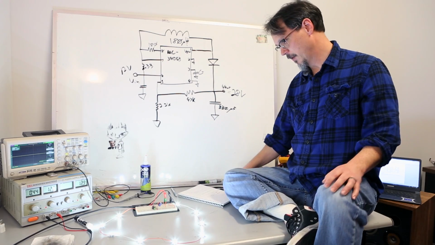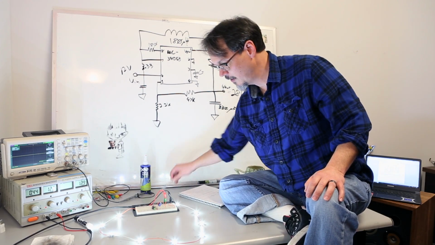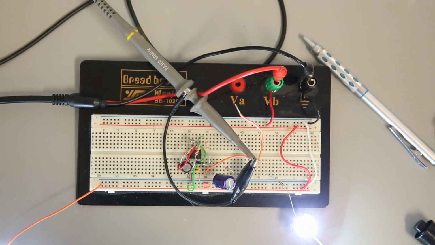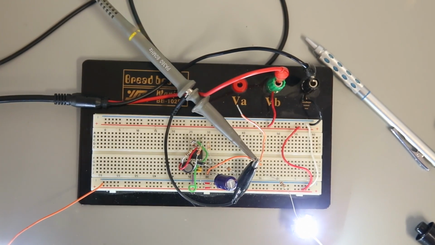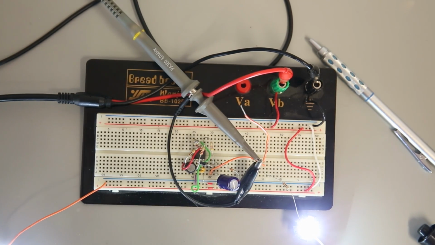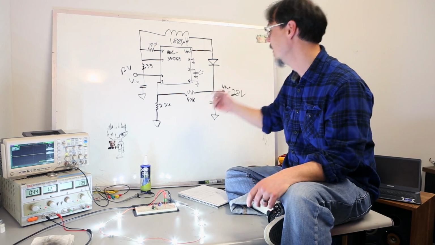Let's talk about the efficiency of my circuit. Now, what you see here is a freaking mess, right? As I said a little while ago, the datasheet says you're going to get 87% efficiency out of this. I'm not getting 87% efficiency.